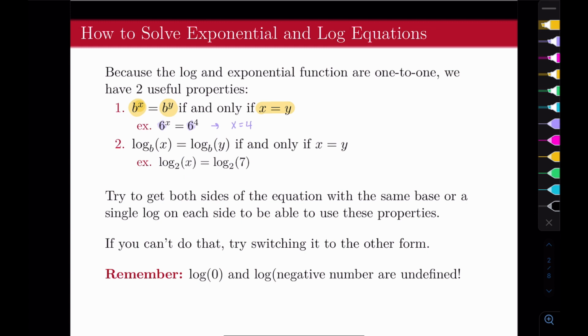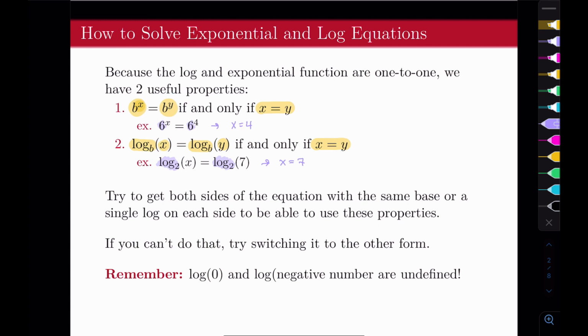And the same exact thing is true with logarithms. If you have log base b of something equals log base b of something, the only way this can happen is if the insides are the same. So in the case when we're dealing with a log equation, hopefully we can get log base 2 and log base 2, to then say that these insides have to be equal, and so we would get x equals 7, okay?